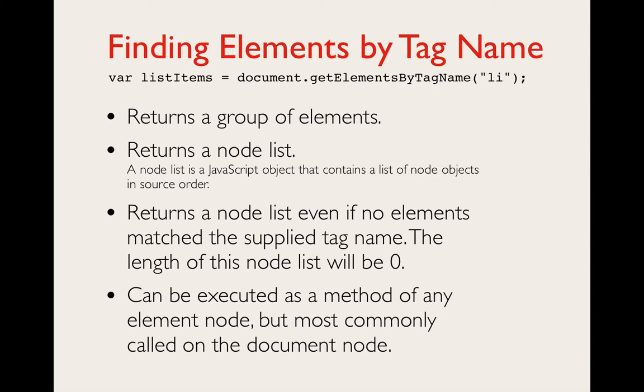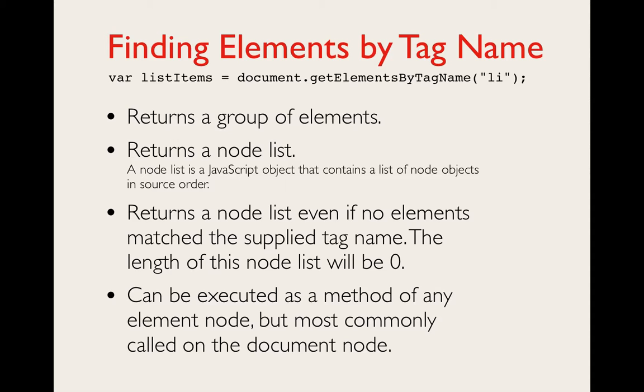A node list is a JavaScript object that contains a list of node objects in the order they appear. Very similar to an array. Now, it returns a node list even if no elements match the supplied tag name. The length of the node list will be 0. So you're not going to come back with a null value. You're going to come back with a 0 as far as the length.